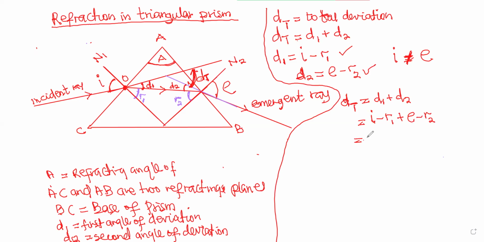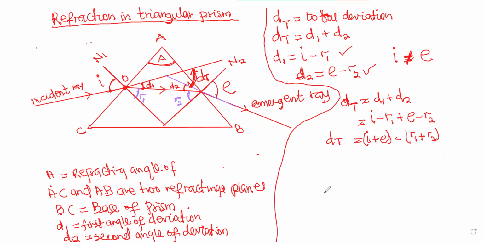So we can have I plus E minus R1 plus R2 for the total deviation within the prism.